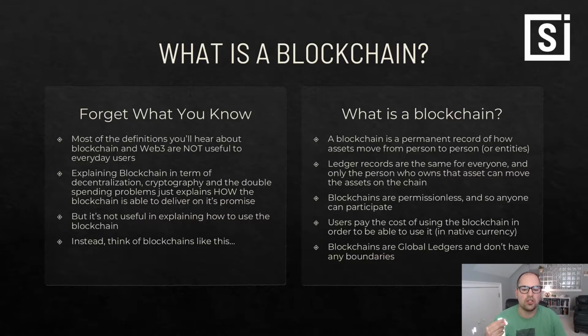Users pay a cost of using the blockchain, and they pay it in the native currency. When I deal with a bank, for example, there's a certain fee associated with it, you have all these hidden fees, and you have these free transactions and all these things. It costs money, but you're not really sure who's going to pay for it. We know that on blockchains, the user pays the fee. So for example, when Sahil sent out all those FWEB3 tokens, he wanted to interact with this network, so he was the one who had to pay the fee.